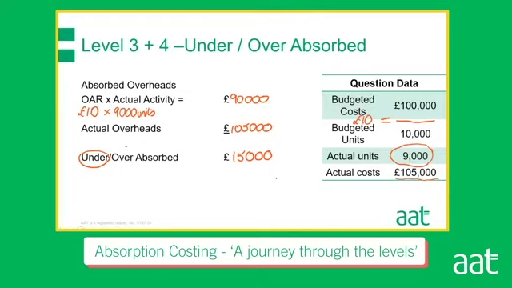So the bigger that under or over absorbed figure is, the bigger you've got a problem. The more you have to think, hang on a minute, do I need to change that £10?